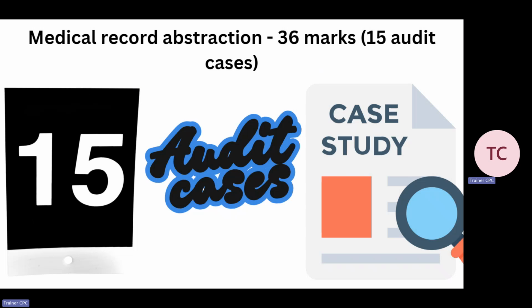There can be a discrepancy in the physician's signature. Sometimes the signature may be missing, and sometimes a part of the report can be missing. Say, for example, if you take the operative report, if the type of anesthesia is missing, that we need to identify. Or blood loss details are missing, or indications for surgery are missing.